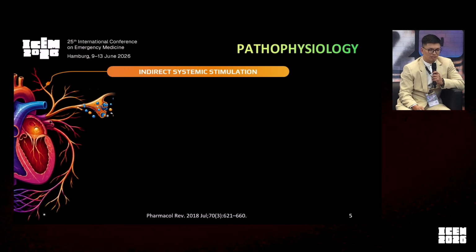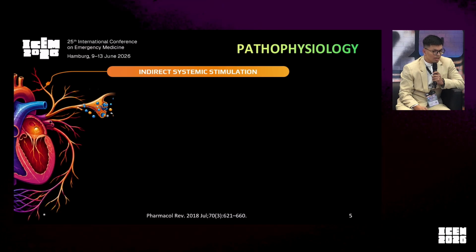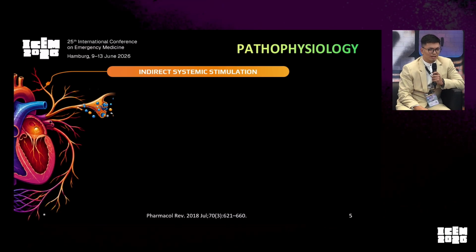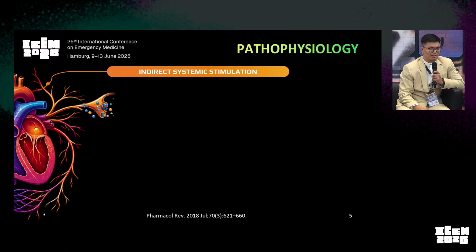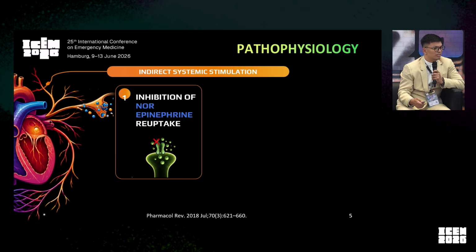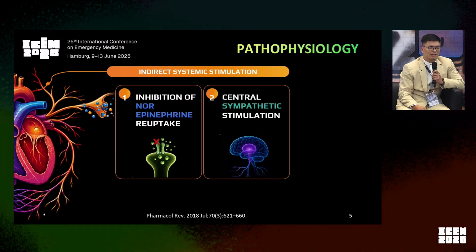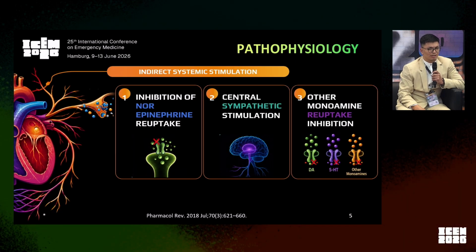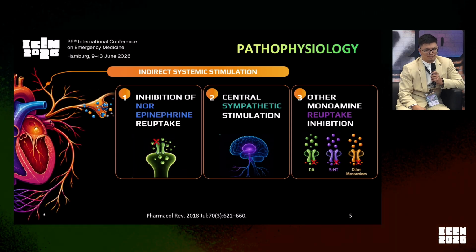As for pathophysiology, we all know that ketamine, beyond the NMDA receptor effect, has an indirect sympathetic stimulation through inhibition of norepinephrine reuptake and inhibition of other monoamine uptake like epinephrine and dopamine.